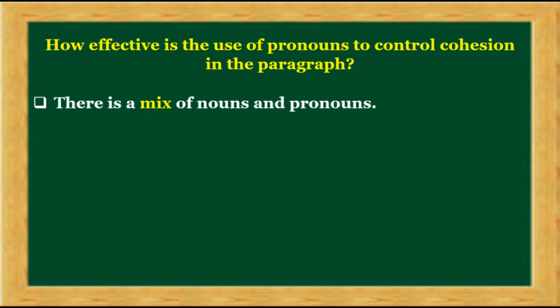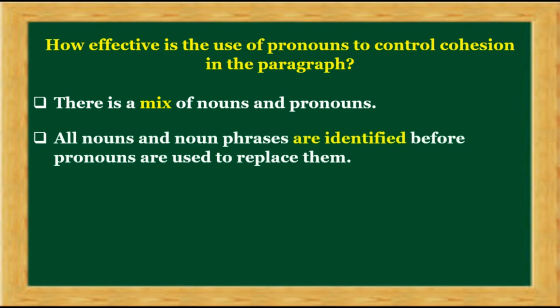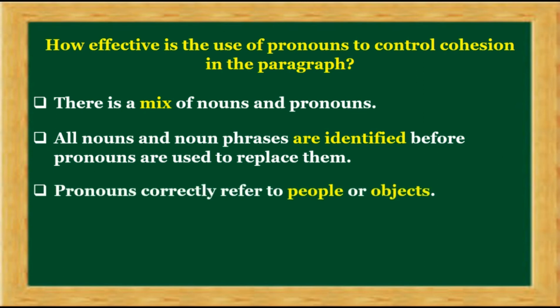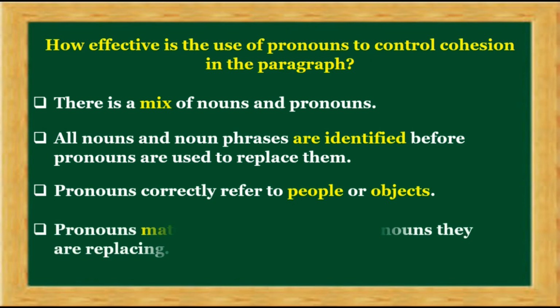Second, all nouns and noun phrases are identified before pronouns are used to replace them. Third, pronouns correctly refer to people or objects. And last, pronouns match in number with the nouns they are replacing.